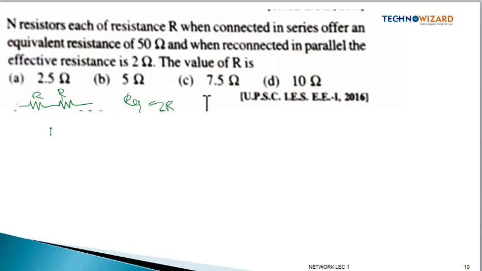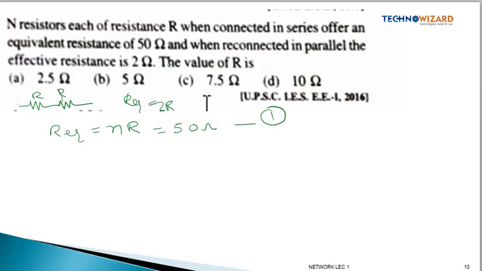Similarly, if there are n resistances connected in series, their equivalent resistance will be n into R. N is the number of resistors connected in series and R is the resistance value of each resistor, and R equivalent is given as 50 ohm. So I have equated it, equation 1.